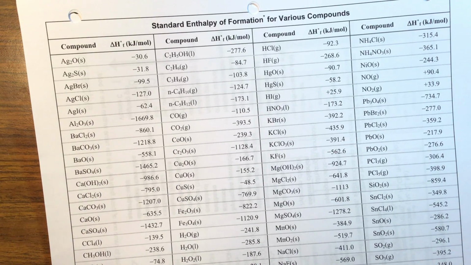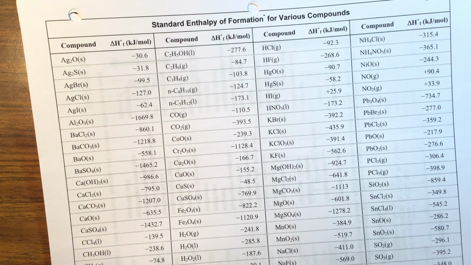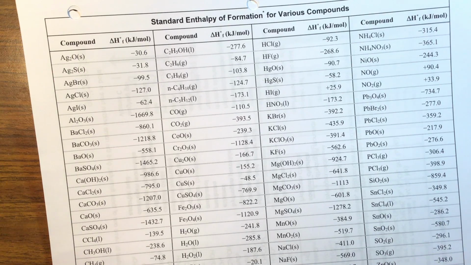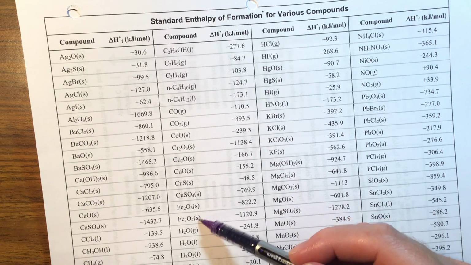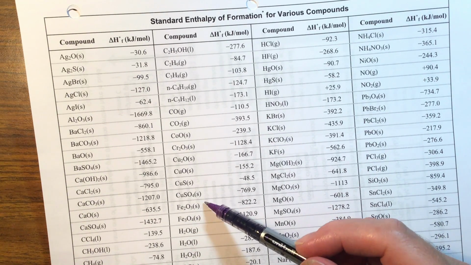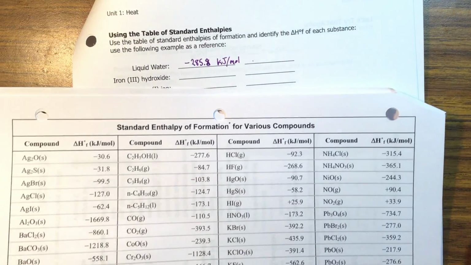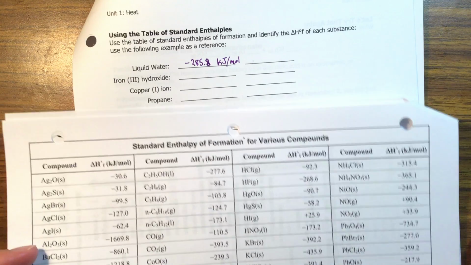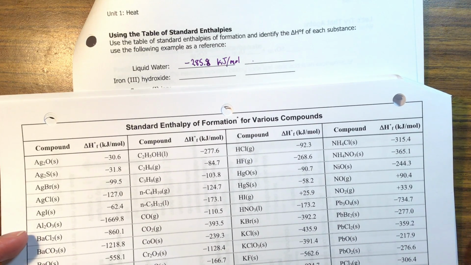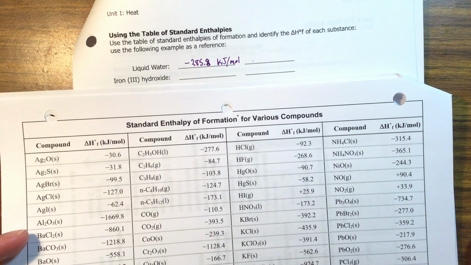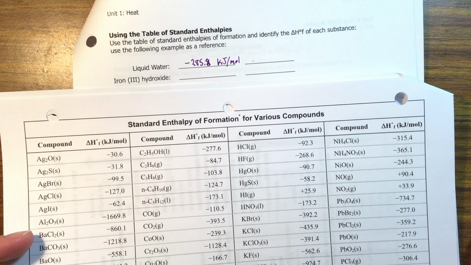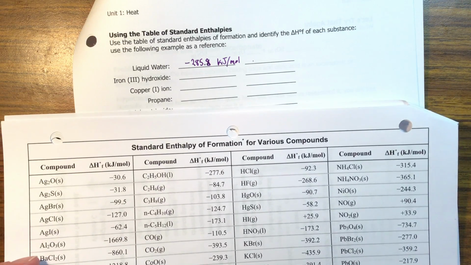That's the back side of this page that's missing. Oh no, there's some Fe. We've got Fe3O4 and Fe2O3 right here, but not iron 3 hydroxide. So we can't do iron 3 hydroxide. Generally, we're not going to be able to deal with ionic substances without the back.